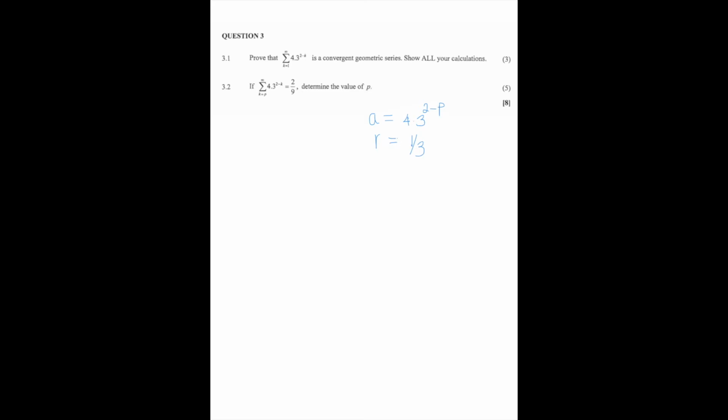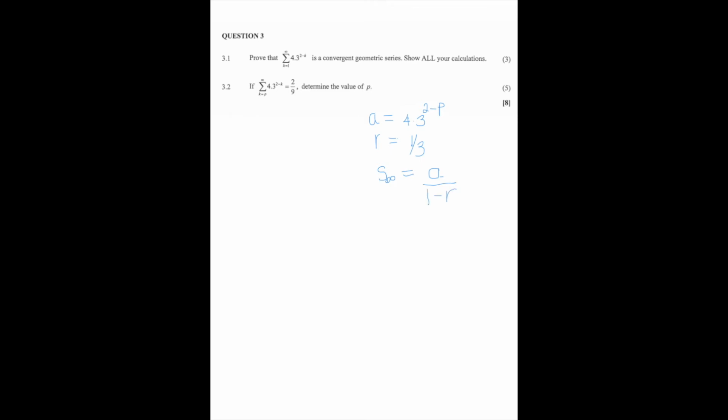So using our summation formula, S infinity is equal to a over 1 minus r.